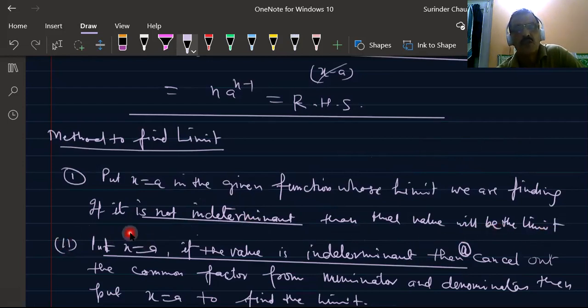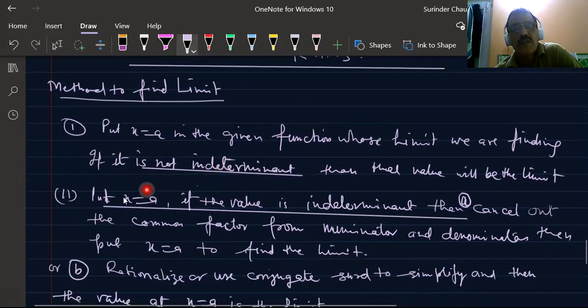If it is not indeterminate, meaning the value after putting x equal to a in the function is finite, then that is the limit. If after putting x equal to a in the given function an indeterminate form comes, then what to do?